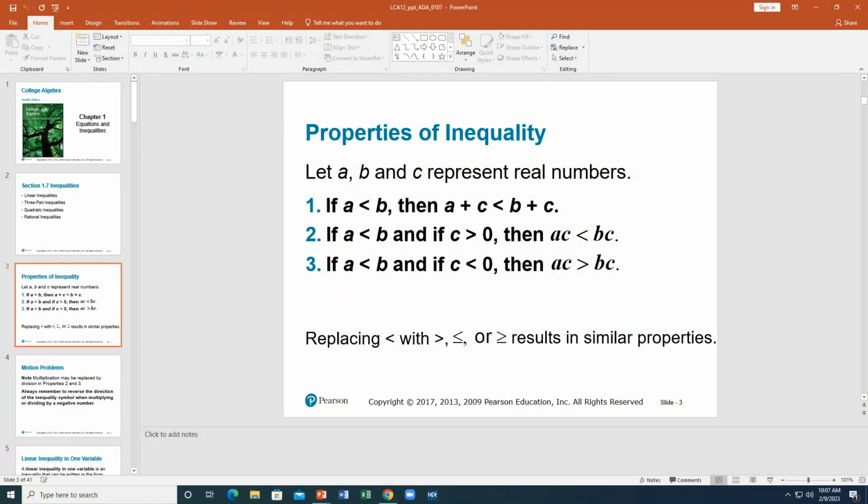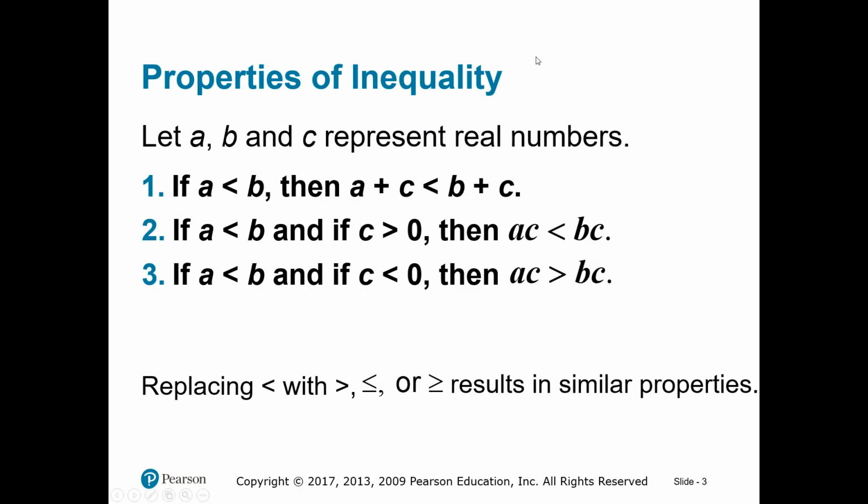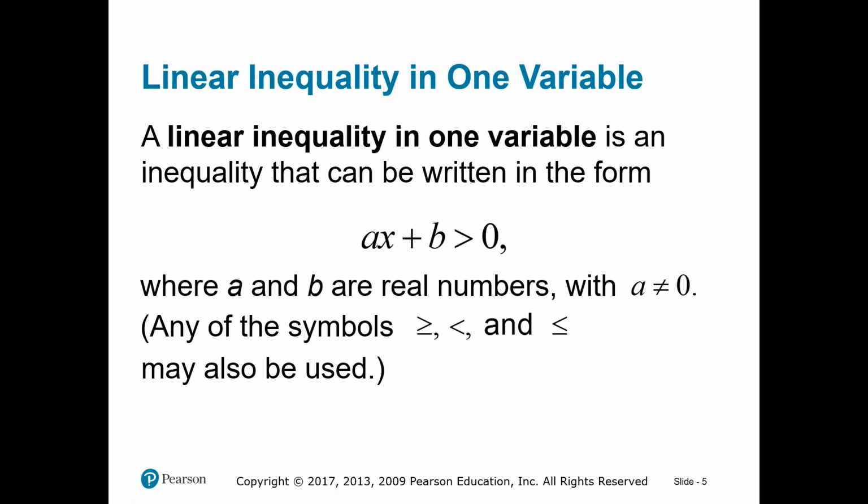So we want to solve the inequality, okay? So this is a linear inequality in one variable: ax plus b is greater than 0.